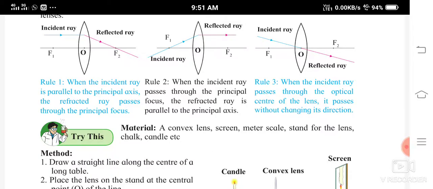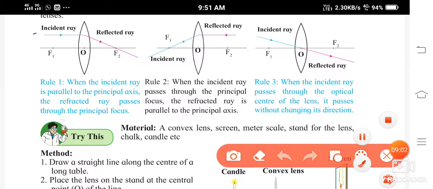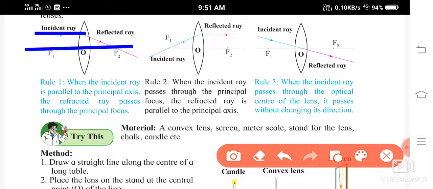You can see here this blue line is the incident ray, and this is the principal axis.